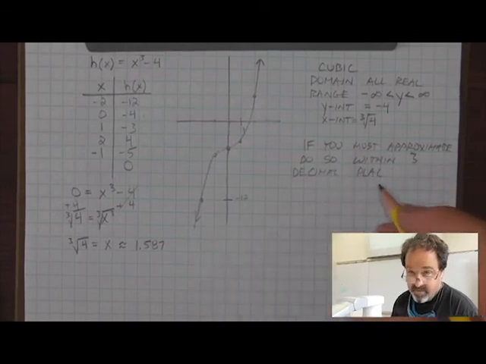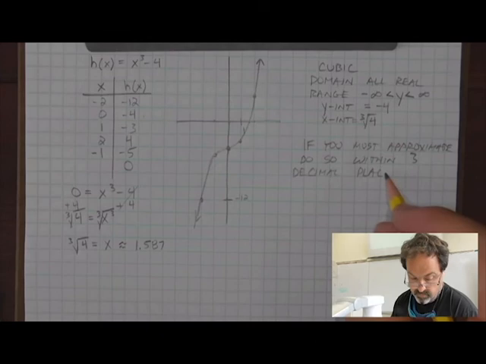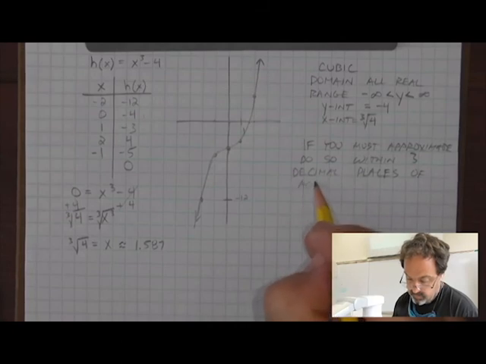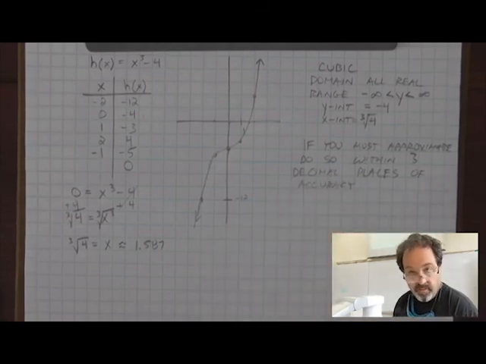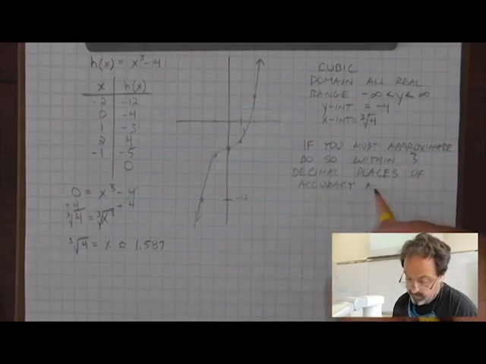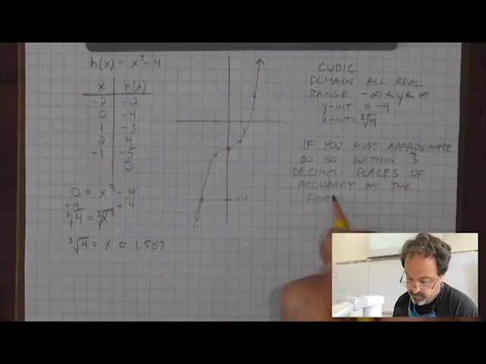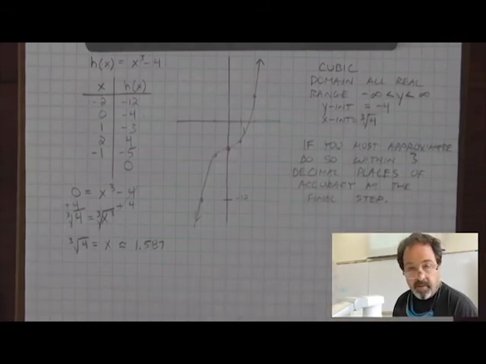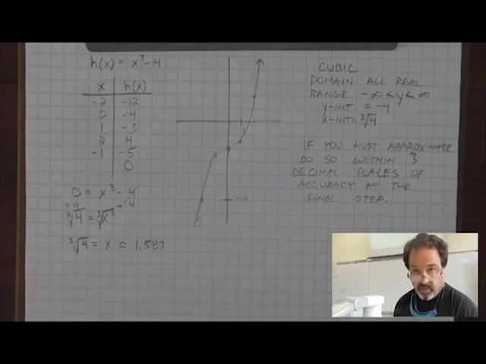That's to the nearest 1,000th of accuracy. And only do that approximation at the final step. If you're not in that habit, get in that habit. It's a good habit to be in.